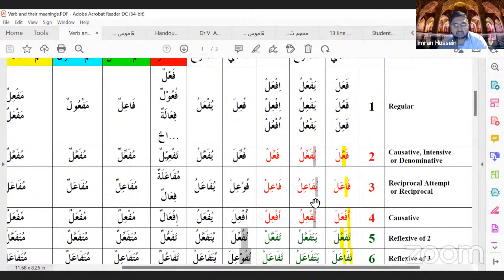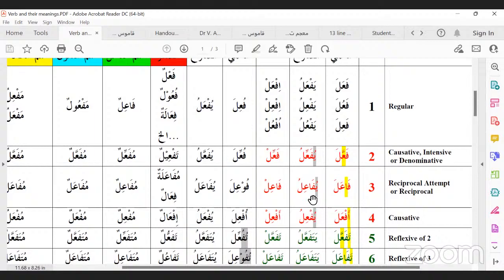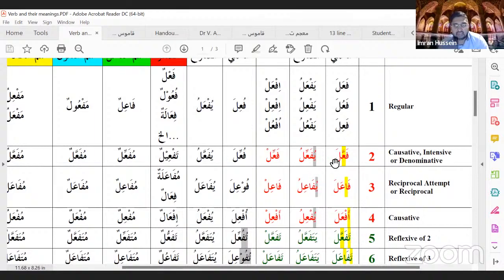The present tense is yufa'ilu. In both fa'ala and yufa'ilu, the fa radical comes with a fatha, and there's an alif after it. Fa'ala, present tense yufa'ilu, and the imperative or amr is fa'il.